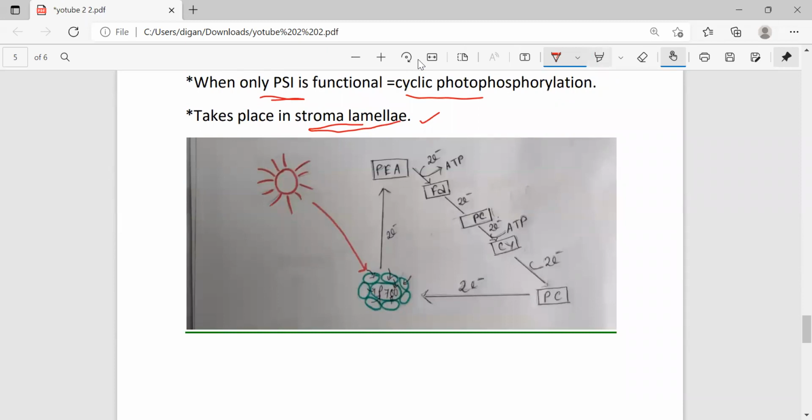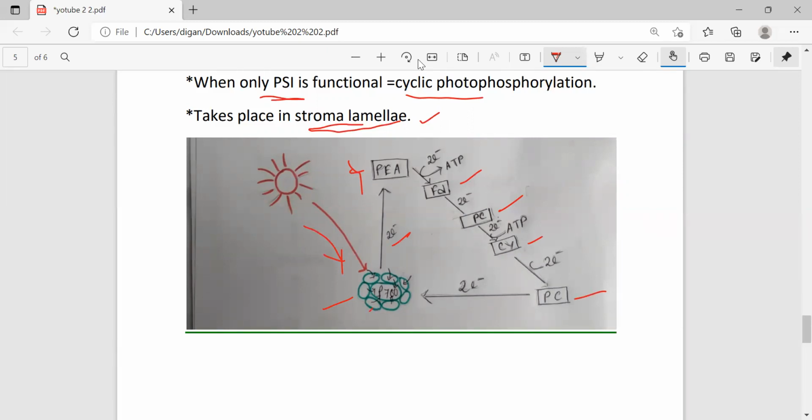Here only one photosystem is involved, that is P700. So when sunlight comes, meaning photons come, it is absorbed by P700. First it is absorbed by the antenna pigment, then it is passed to chlorophyll a, which is P700. Then it excites a pair of electrons accepted by the primary electron acceptor. Then, like non-cyclic photophosphorylation, the primary electron acceptor transfers the electron first to ferredoxin, then to plastoquinone, then to cytochrome, then lastly to plastocyanin.